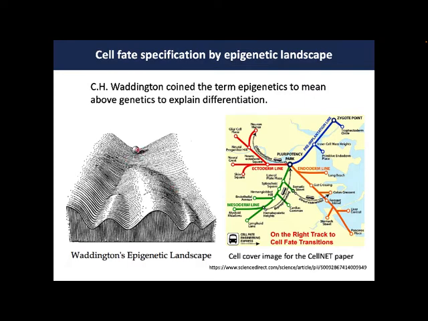Here, the ball, as I explained in the previous lecture, is rolling down the valley and eventually reaches the different statuses of cells. This is one of the journal cover images for Cell Net, the biomechanical analysis of the cell status.